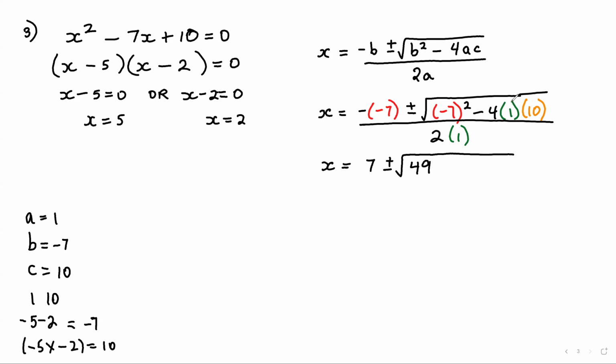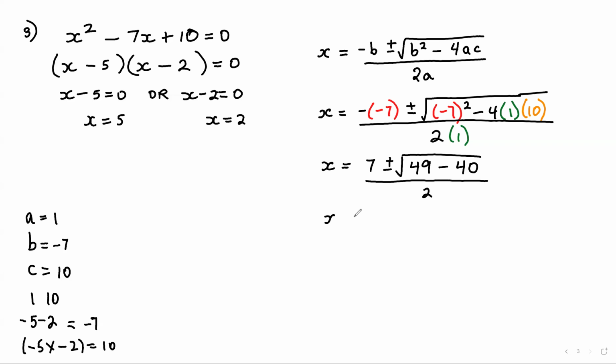And then 4 times 1 times 10 will give me what? 40. Yes, 4 times 1 is 4, and 4 times 10 is 40. So this will be minus 40. Cool? All right. And all of that is over what's 2 times 1? 2.